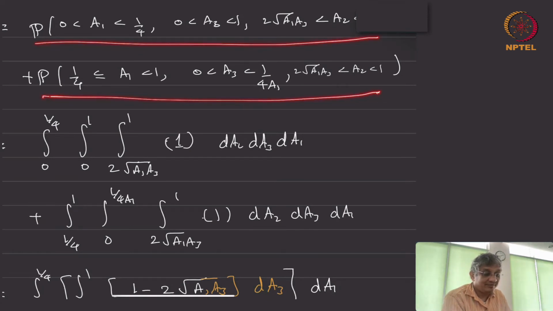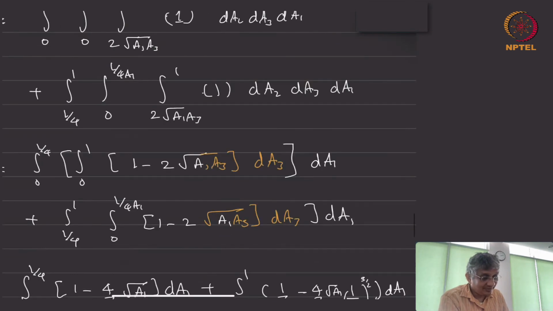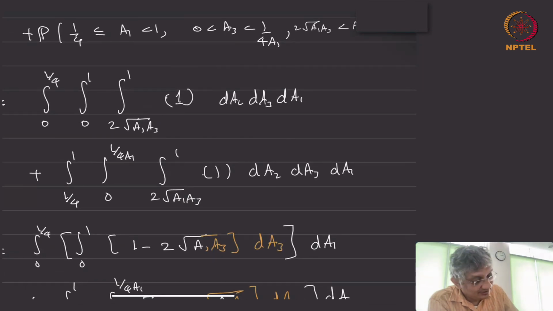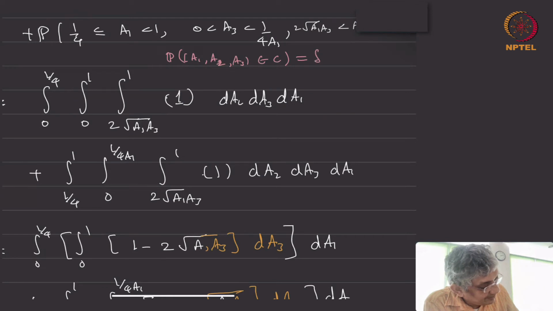Now we know again by standard facts, let me write this down in orange, that the probability that A1, A2, A3 is in a set C is just given by the triple integral over C of dA1, dA2, dA3.